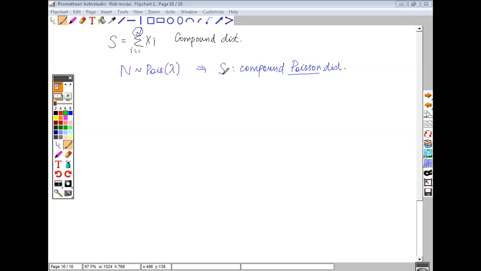Will it be positive, negative, or zero? Will this distribution be positively skewed, negatively skewed, or symmetrical? Maybe positive because Poisson is positive.